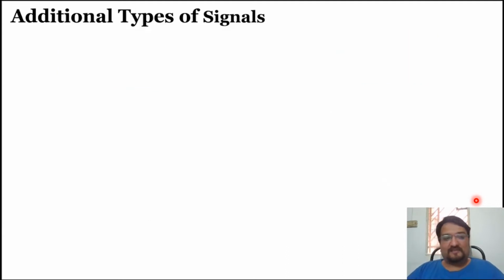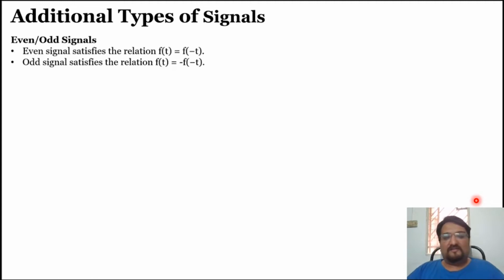So let's see some additional types of signals. Professor Singh has already taught that there are different kinds of signal types like continuous time and discrete time. He also talked about properties of systems like causality, stability, etc. Here we will see another type of signal, which is very simple and very frequently used in biomedical signal processing.